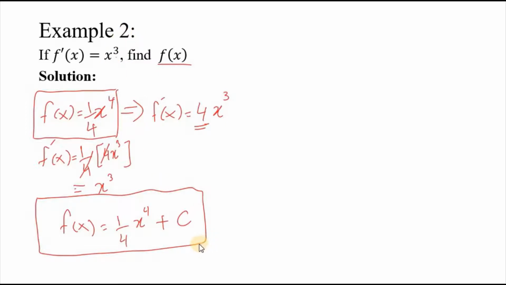This process is kind of dreadful, and if you keep following it, it's not going to take you anywhere. To write that formally using the notation that we just learned, remember this notation, the integral of f prime of x dx is equal to f of x plus c.